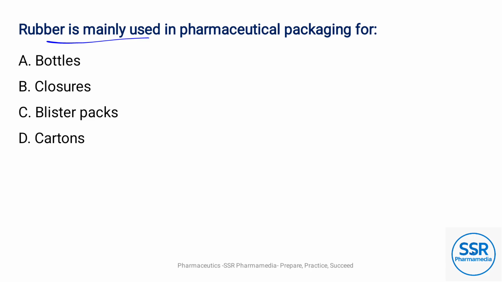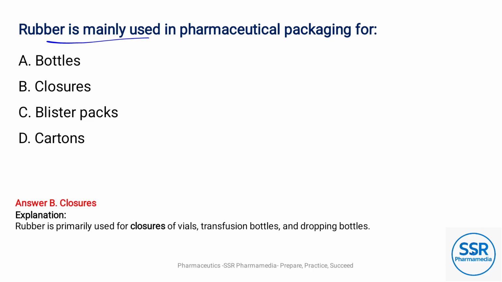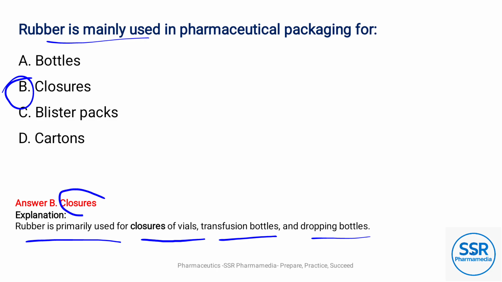We move into the questions, MCQs. Rubber is mainly used in pharmaceutical packaging for, option B, closures. Rubber is primarily used for closures of vials, transfusion bottles and dropping bottles.